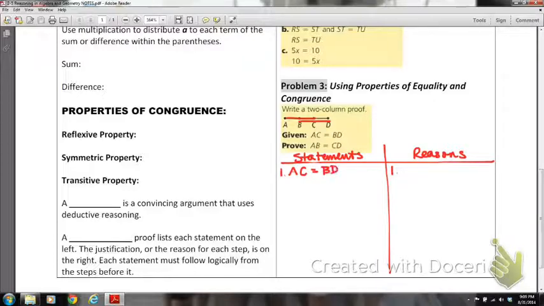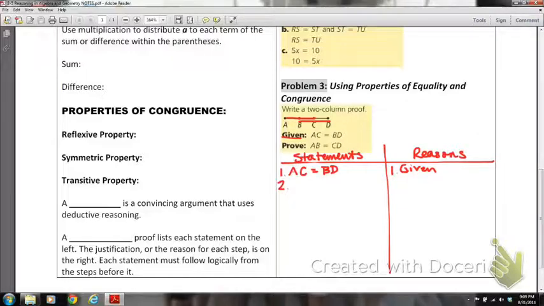And we can make that statement because it's given in the information for the problem. Now what we're trying to prove is what our last statement should be, when we have justified each statement and gotten to the last statement. So let's see what we need to do to get to that conclusion.